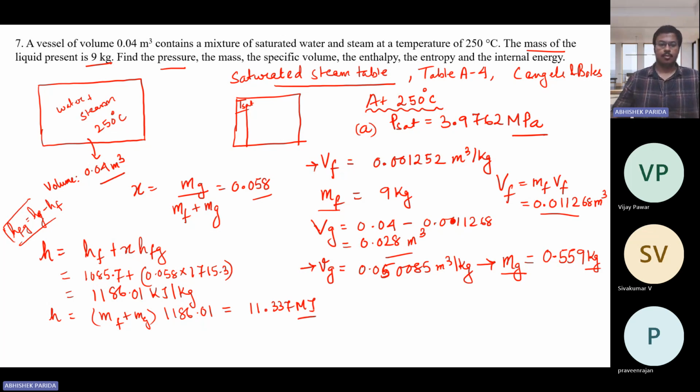Correct. This will be capital H, specific volume.